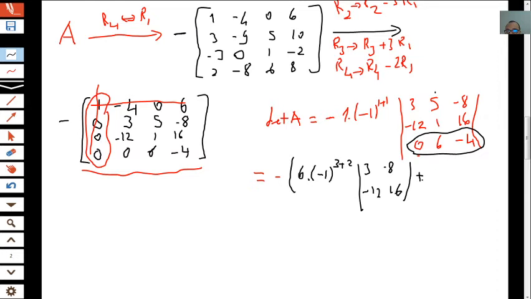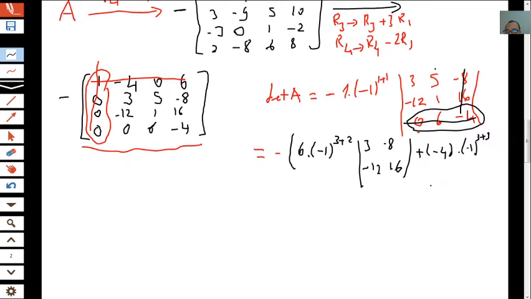plus minus 4, the third entry, times minus 1 to the power 3 plus 3 since it is in the third row and third column, and by cancelling the third row and third column the remaining numbers are 3 5 minus 12 1.